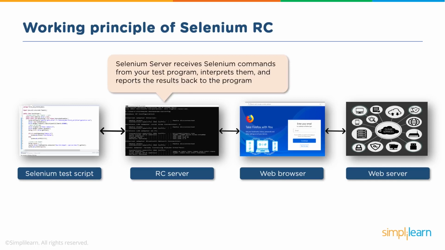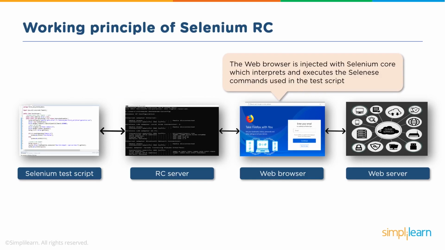Now, after the Selenium server's function, let's look at how the browser interaction happens. The browser interaction happens through this RC server. This RC server uses simple HTTP POST and GET requests to communicate. And how does this communication happen? This RC server acts like a proxy. Say for example, your test script asks for launching a browser.